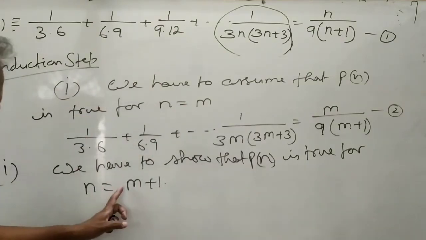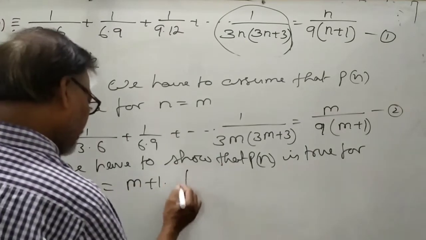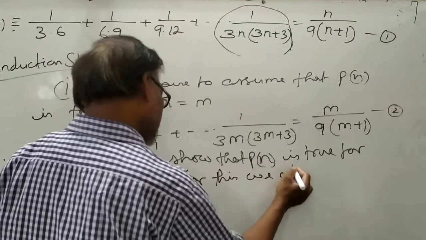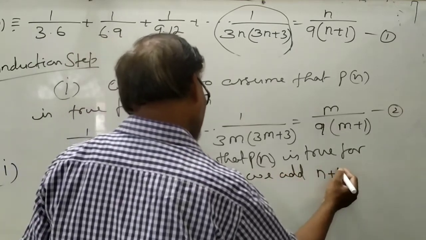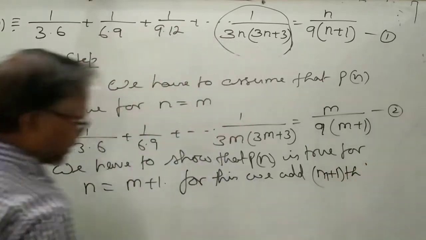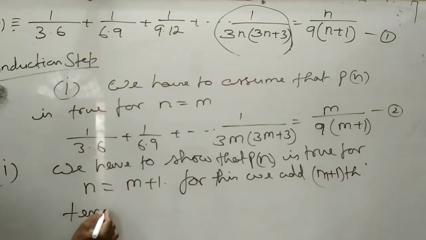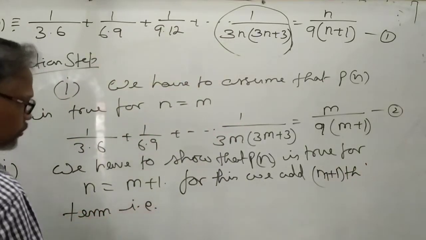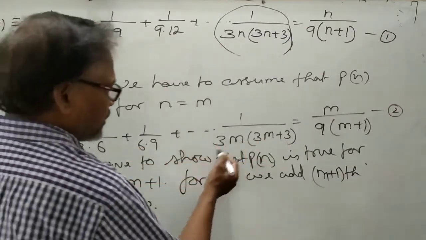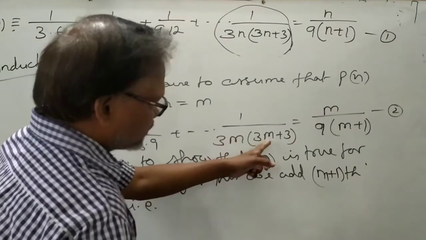Now put n is equal to m plus 1. For this we add m plus 1th टर्म, और अभी बताया हमने कि कैसे निकाला जाता है. दैट इज किसमें रखेंगे, इस वाले में m प्लस 1 रखें तो इसमें 3m प्लस 3 और 3m प्लस 6 हो जाएगा.